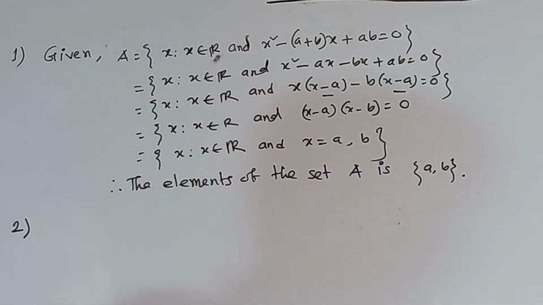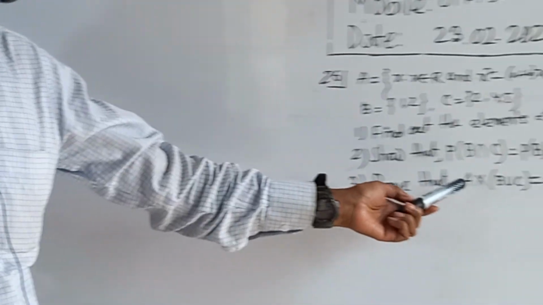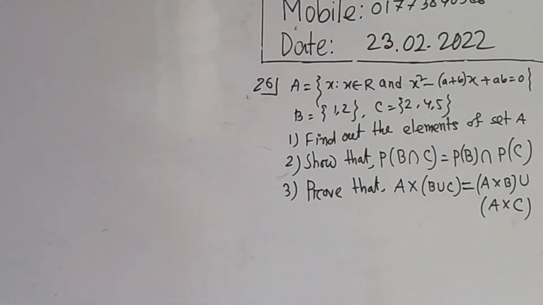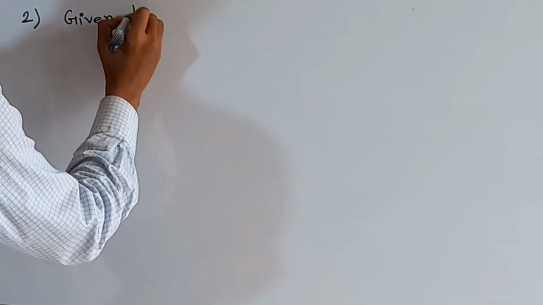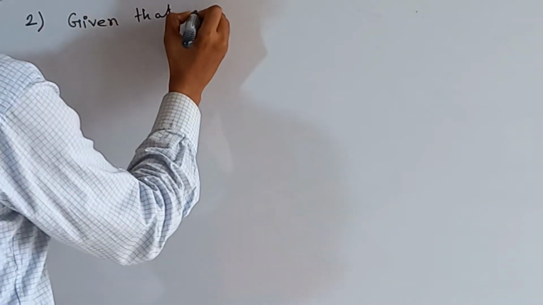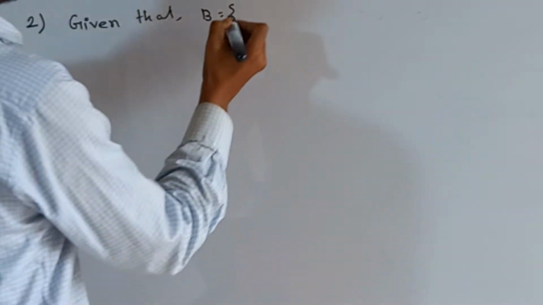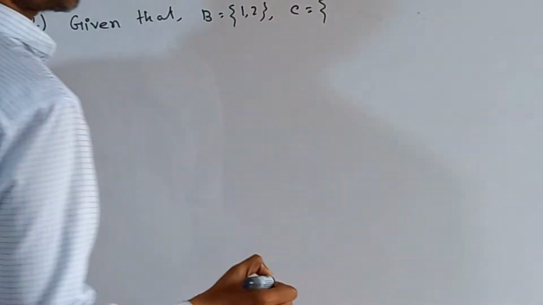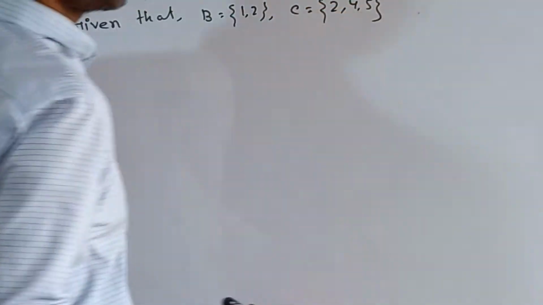You see, question 2 is: show that P of (B intersection C) equals power set of B intersection power set of C. Okay? Given that B equals {1, 2} and C equals {2, 4, 5}.